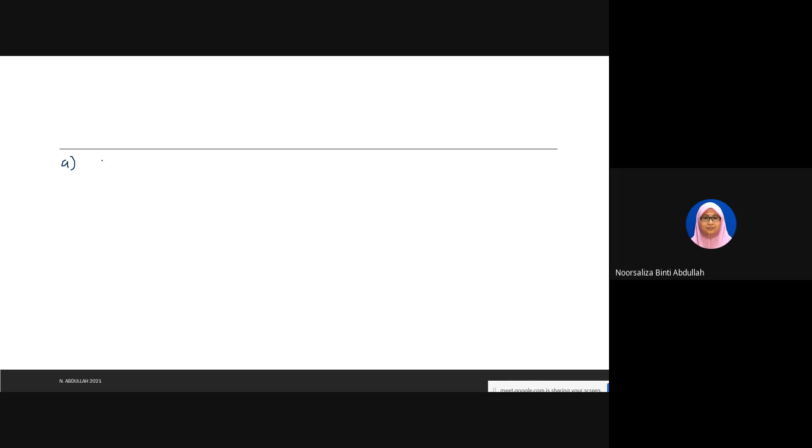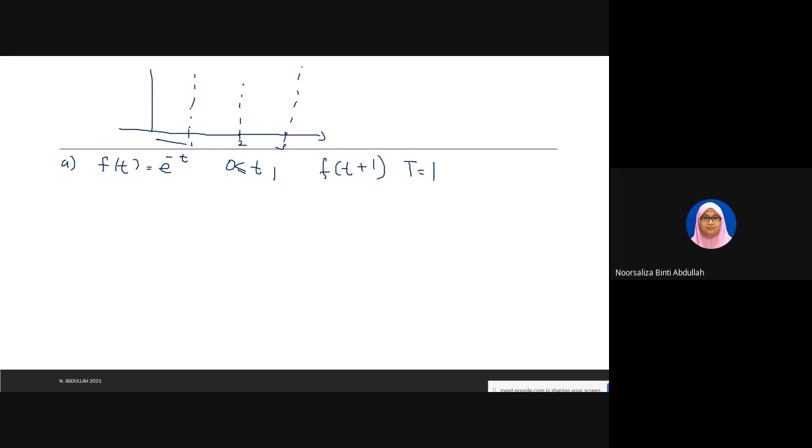So F(t) equals to exponent minus t, where t is between 0 and 1, and then F(t plus 1), which means your period equals to 1. If you sketch the graph, this is the tempoh dia, T, period.